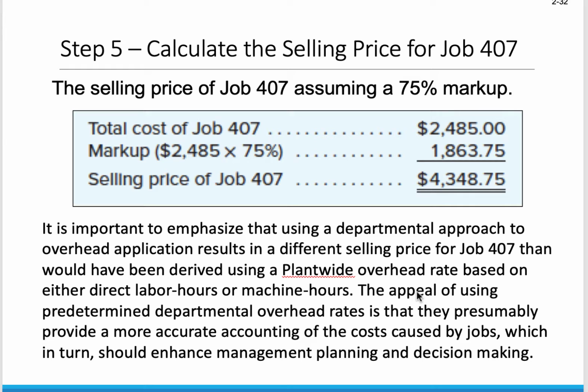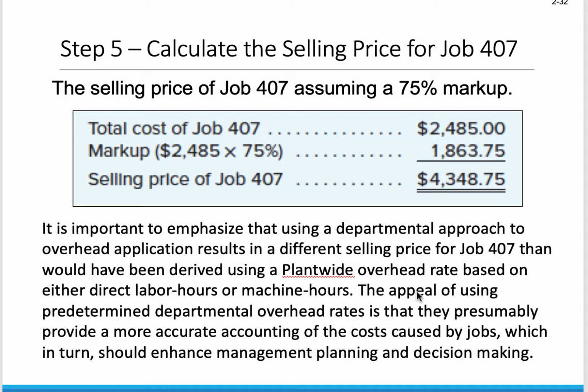So why would we want to use departmental predetermined overhead rates? The reason is that they're more accurate for us. We can more accurately account for the costs we incur based on the jobs.